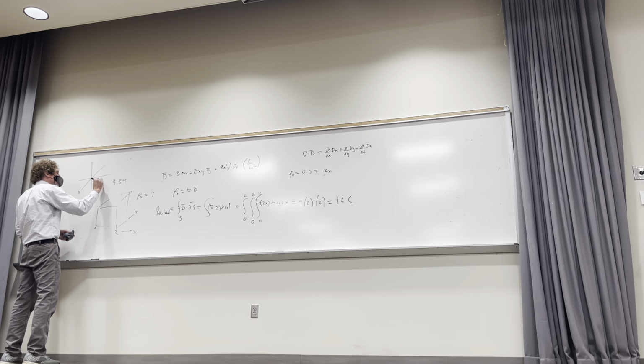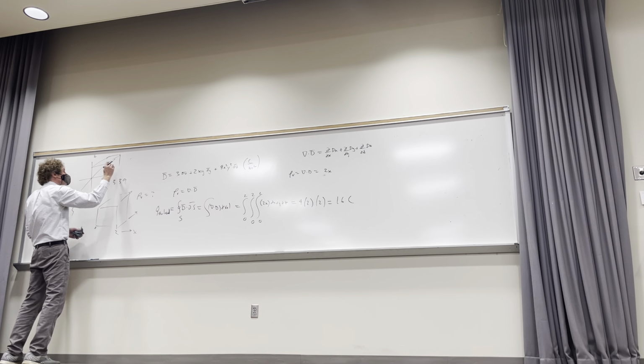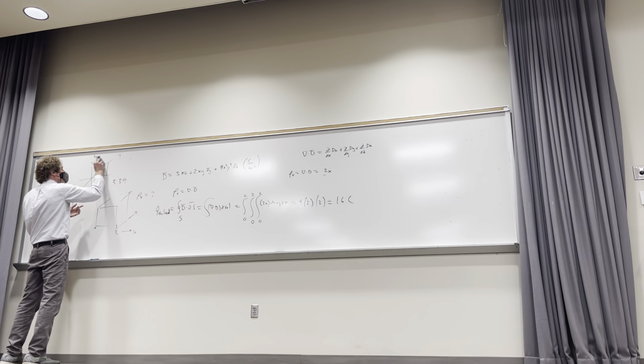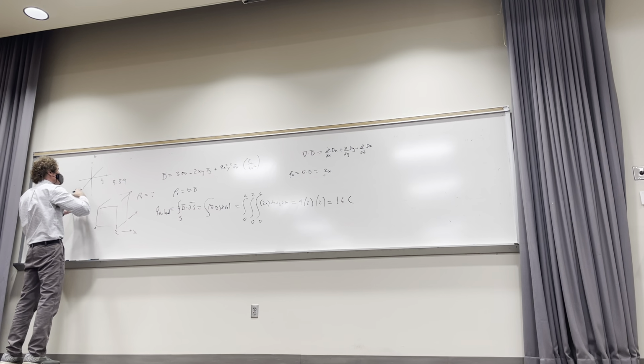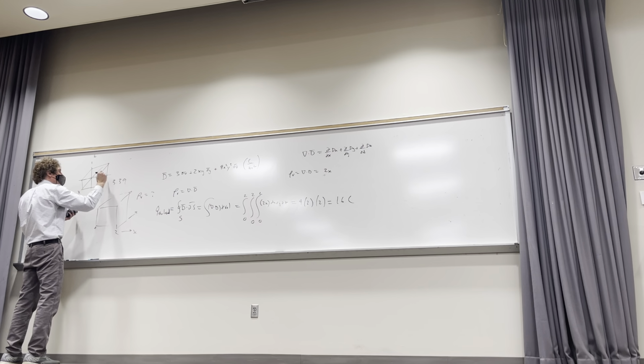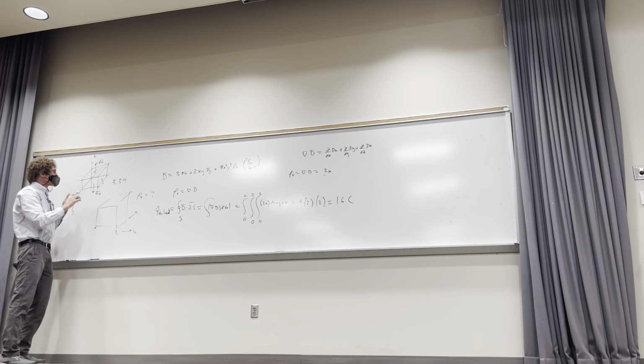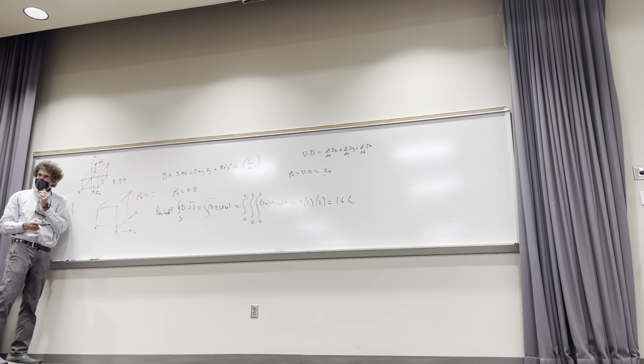If this is x, this is y, and this is z, and I have a cube like this, then this surface would have an ax vector. This surface would have a minus ax vector associated with it. The top surface positive ax, the bottom minus, right?